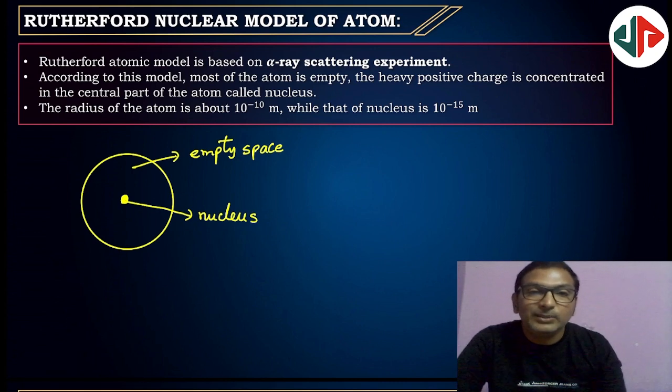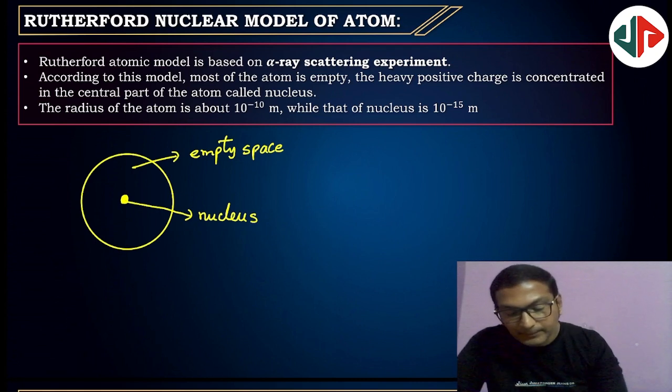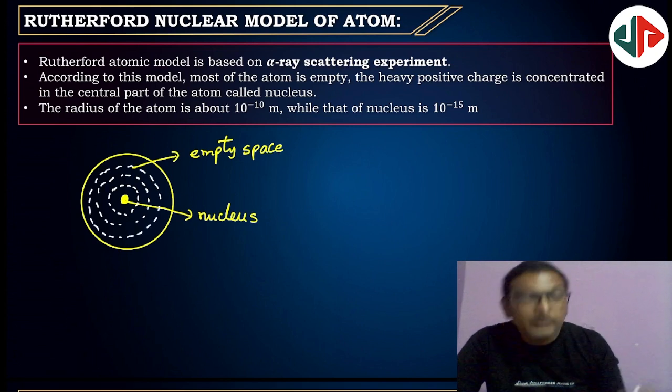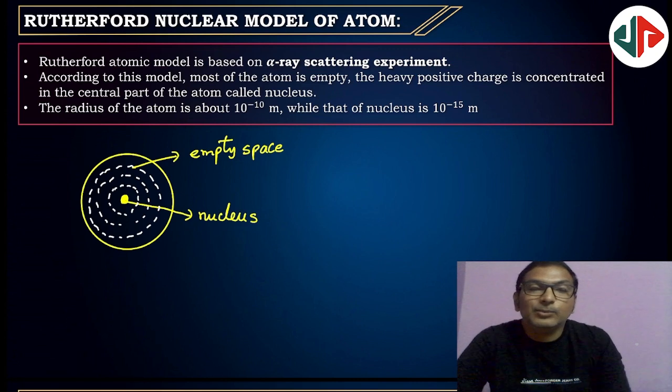This center is known as nucleus. Remaining total space is empty and electrons are revolving around this positive charge in definite orbits with high velocities like this. This is Rutherford's model.